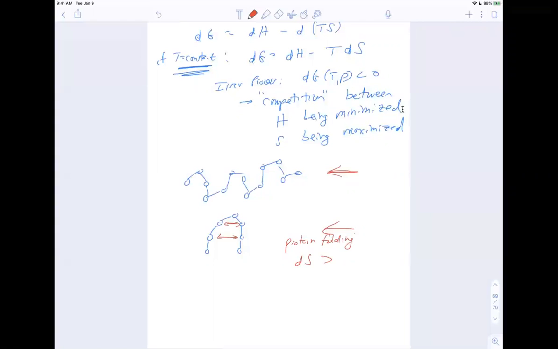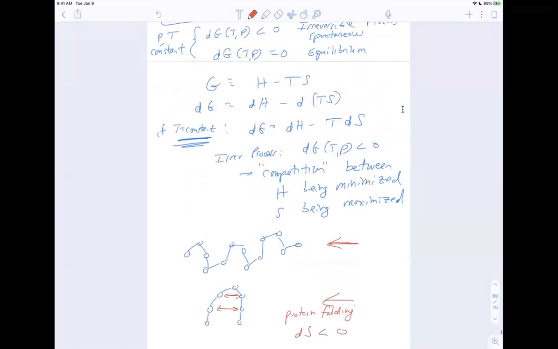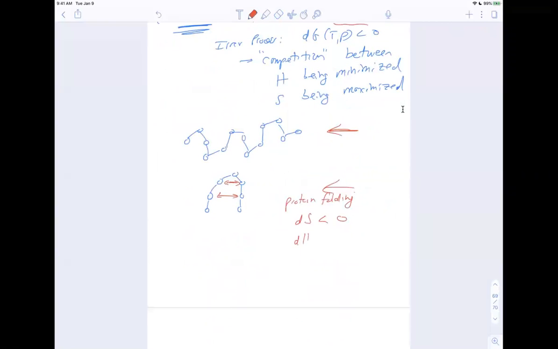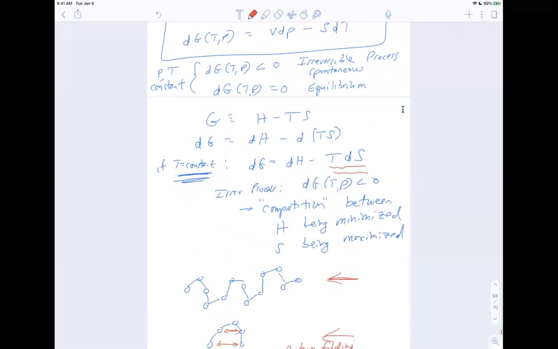And so in the case of protein folding, though, delta S or dS may be less than 0, in the context of this expression, but what happens is that dH is also less than 0 because of the interactions, and this dH term overpowers the dS term, right?